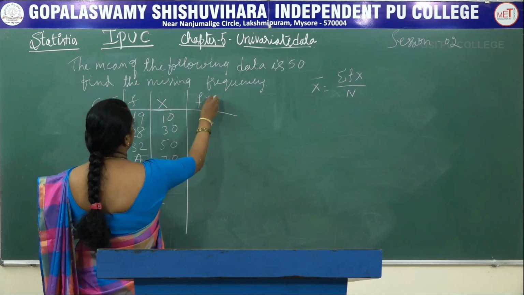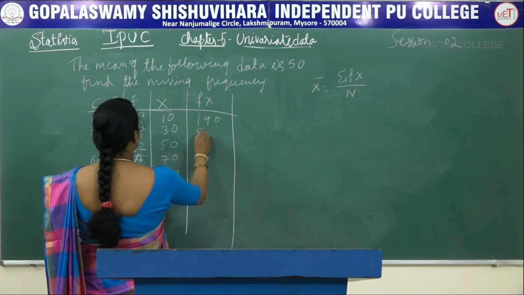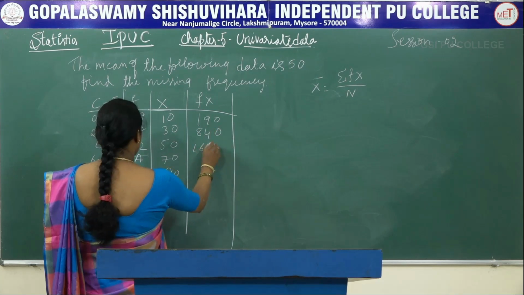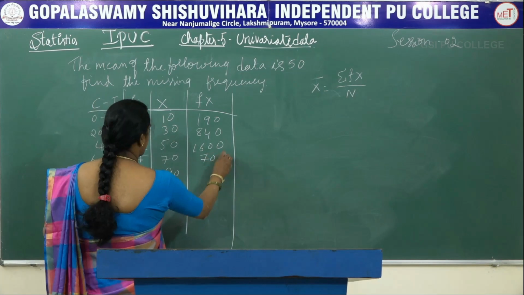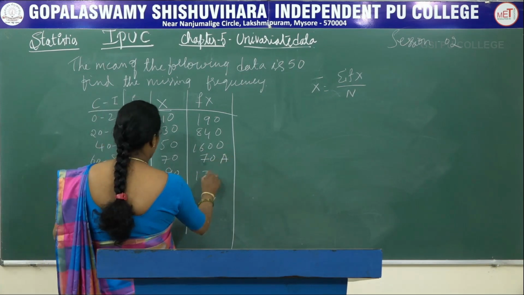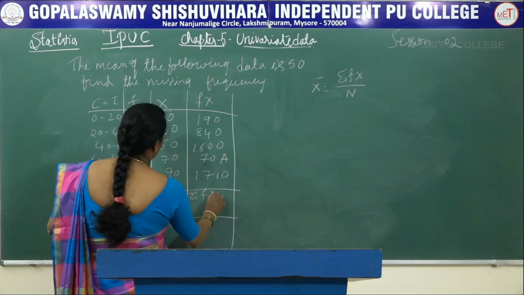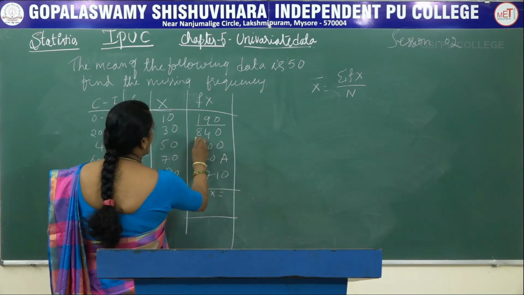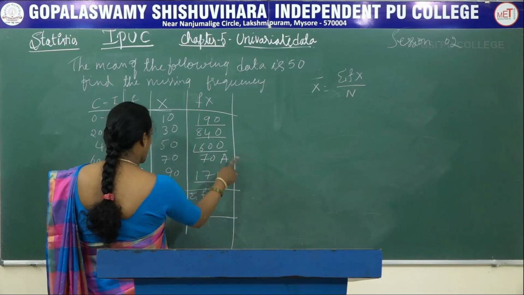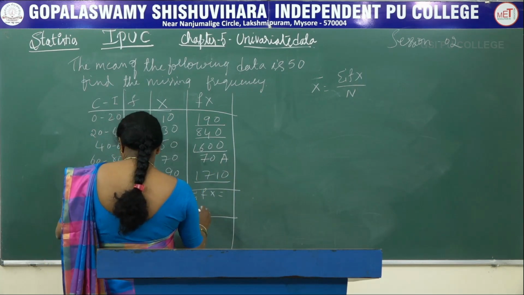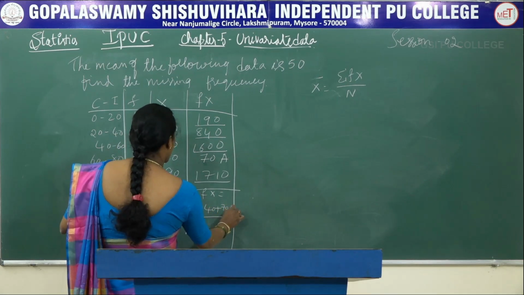Now you find f into x. Take the product of f into x. It is 190, 840, 600. 70 into A, it is 70A, and 1710. Take the summation of f into x is equal to, first you add all the numerical numbers, then you write 70A as it is, so that it is 4340 plus 70A.